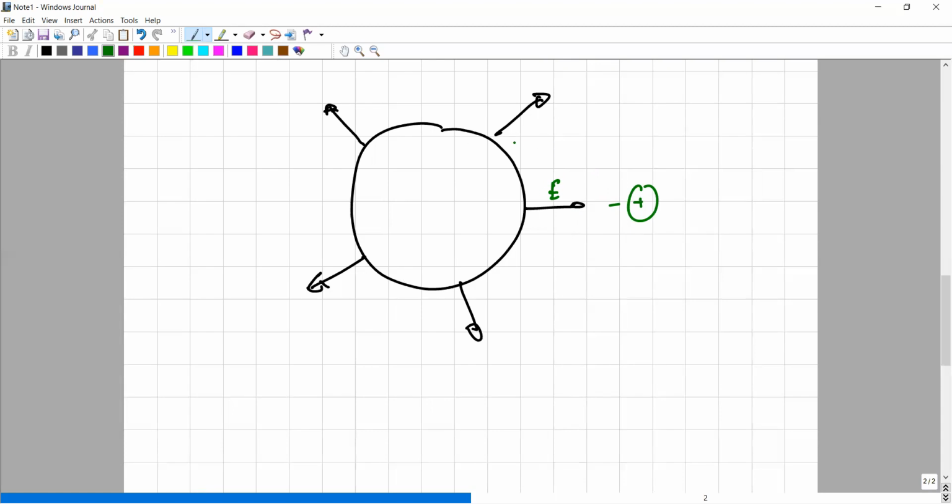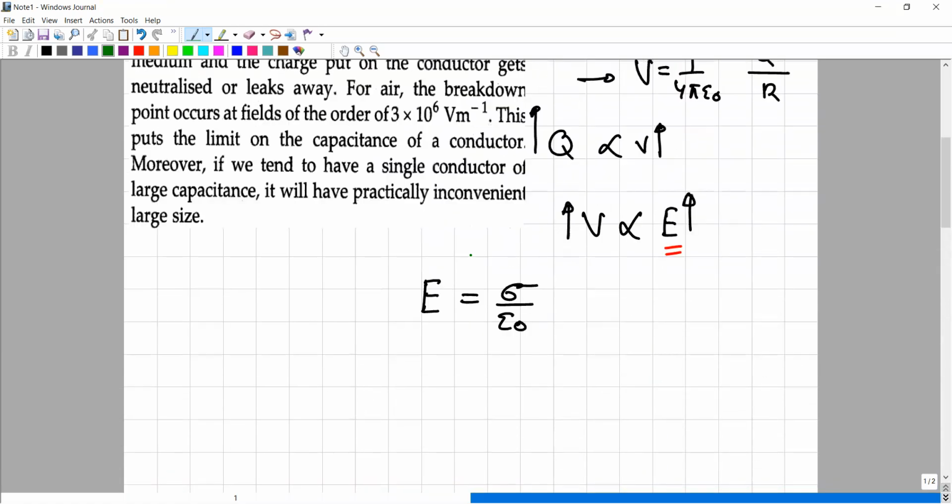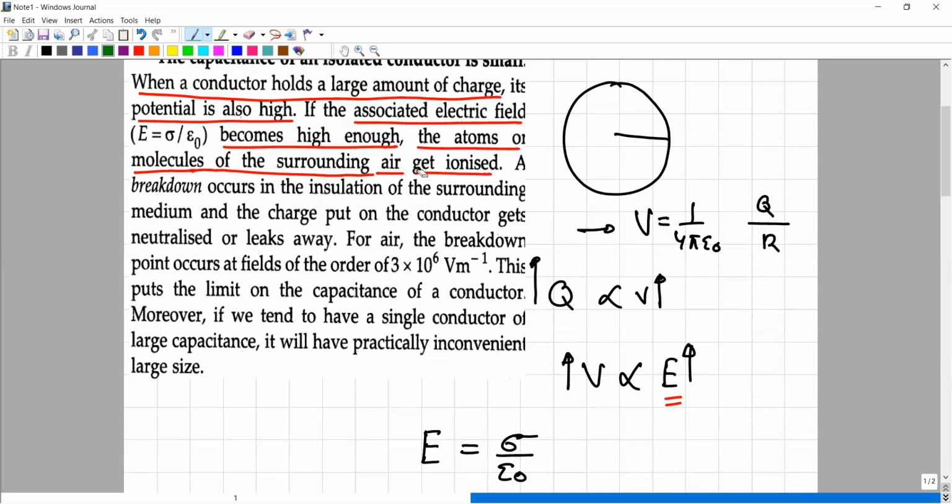So what happens is, the very strong electric field developed by this conductor will ionize the air around it, will ionize the insulating medium around it. The atoms or the molecules of the surroundings get ionized. A breakdown occurs in the insulation of the surrounding medium.